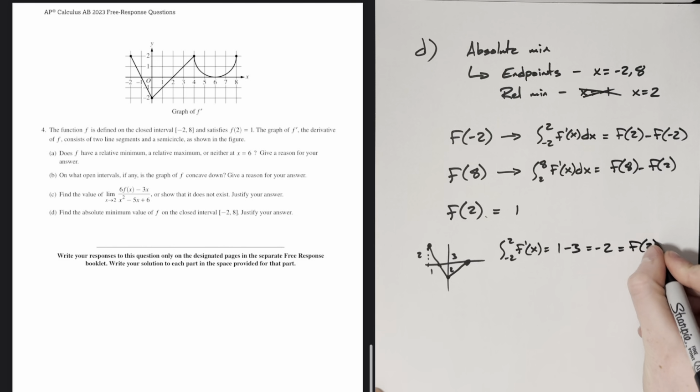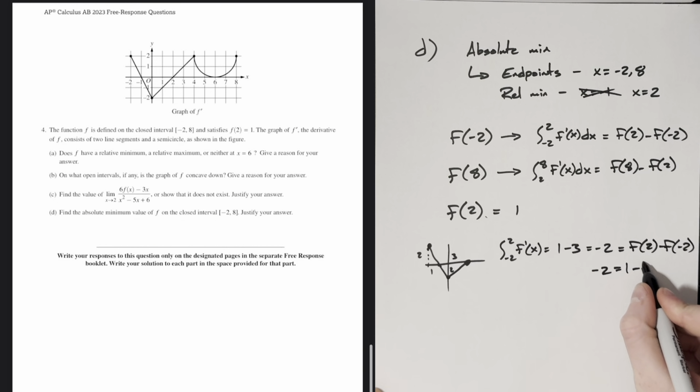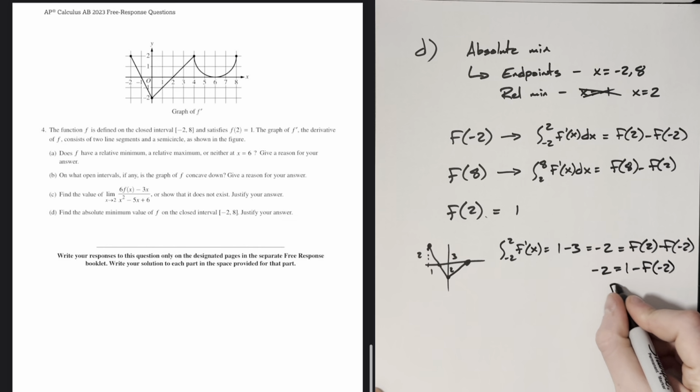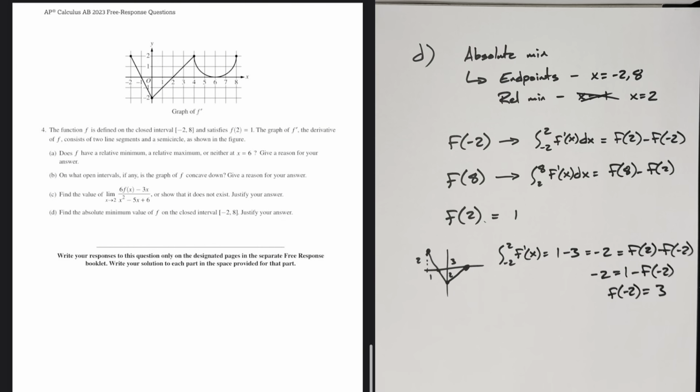And that's equal to f of 2 minus f of -2. f of 2 is equal to 1, so -2 equals 1 minus f of -2. f of -2 is equal to 3. So boom.